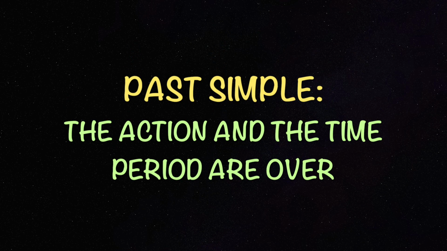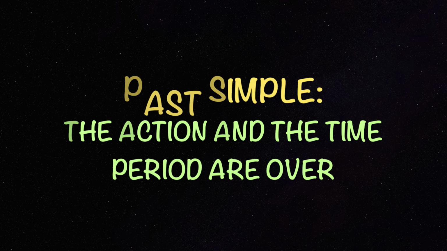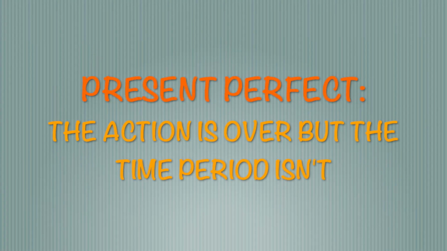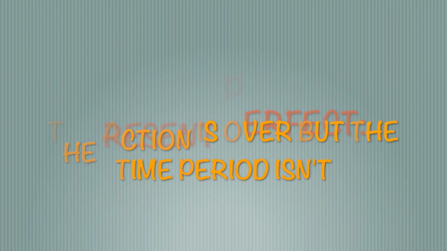In simple past, both the action and the time period are over. In present perfect tense, however, the action is over, but the time period isn't over yet when we use the words this week, this month, this year. That means that I have done something. So the action is over, but the week is going on. This week, I have done something this week. Simple past, I did it last week.